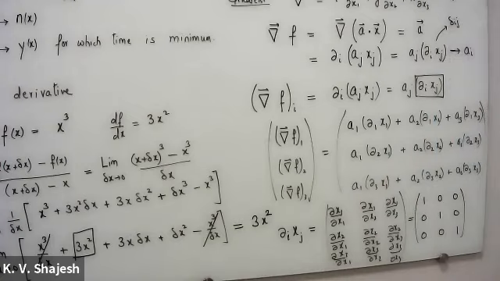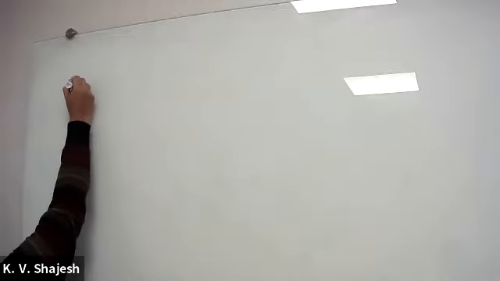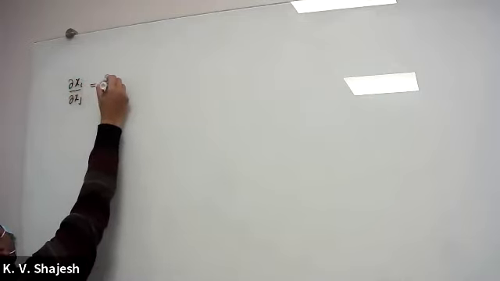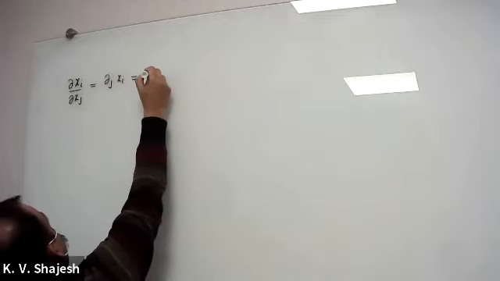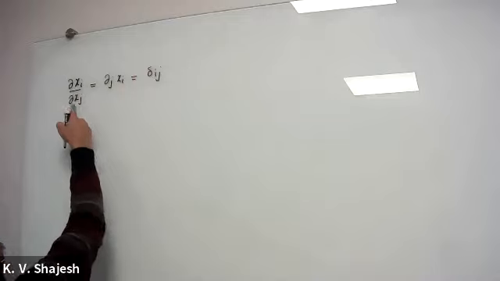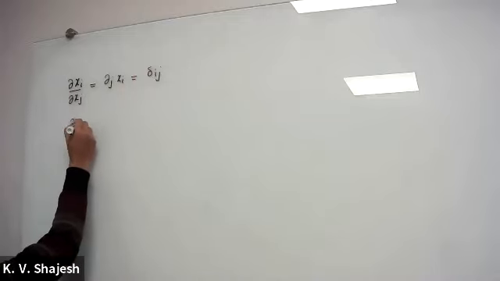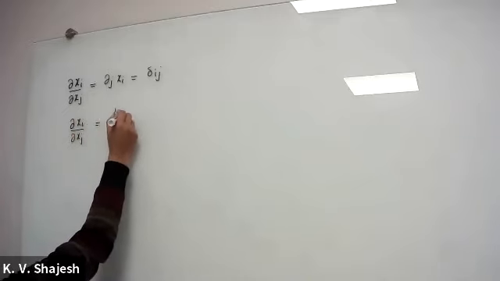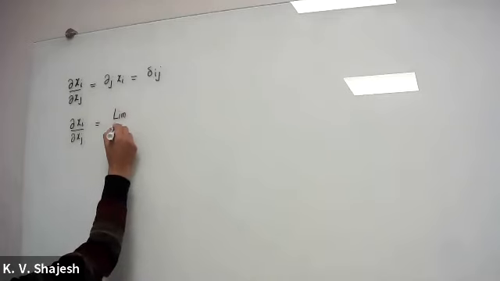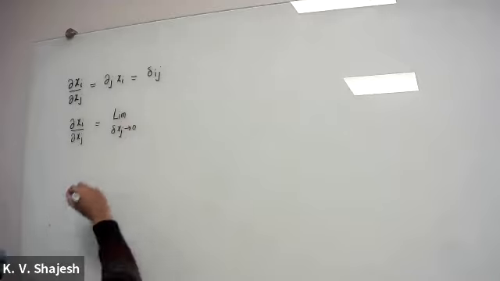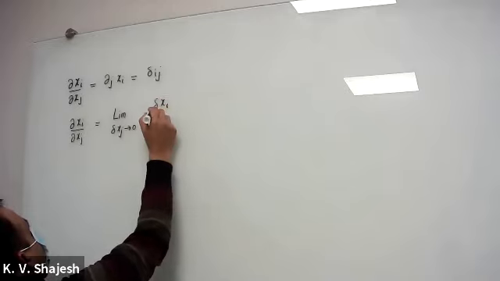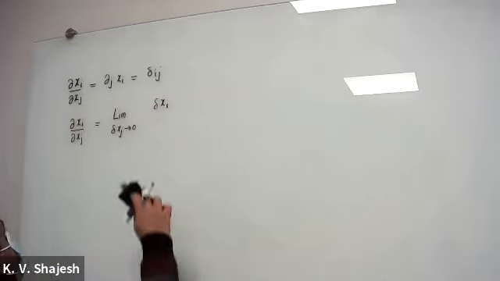So what we are saying is d by dxj of xi, that's equal to delta ij. And here, this quantity again, this partial derivative, if you go back to our notation, this will be limit delta xj tends to 0 of, let's say delta xi, right, xi, so maybe I should write this as well.